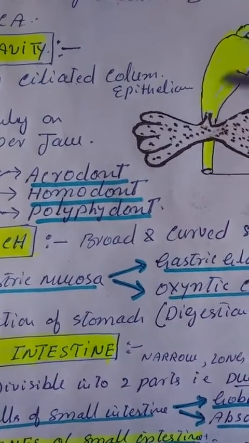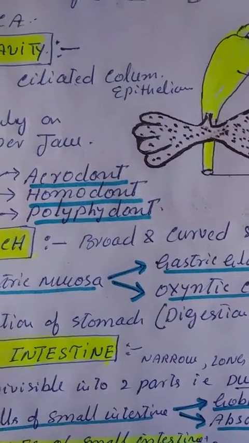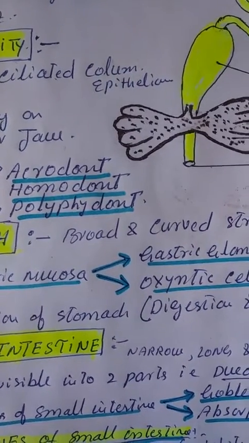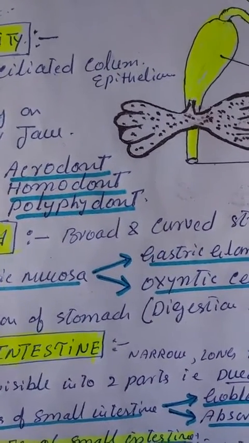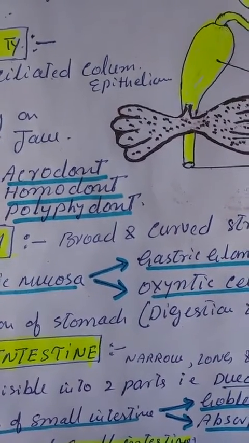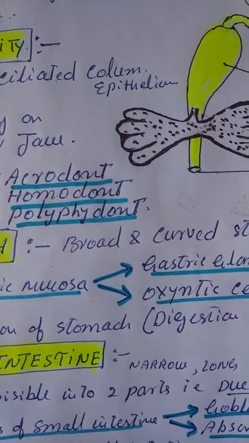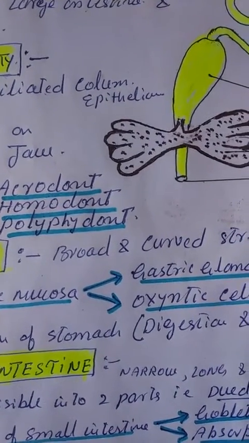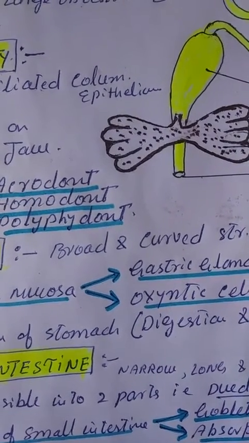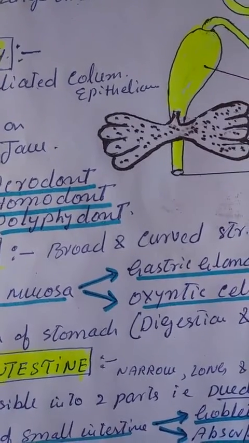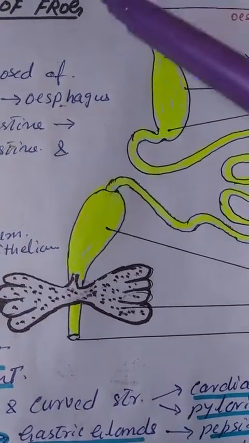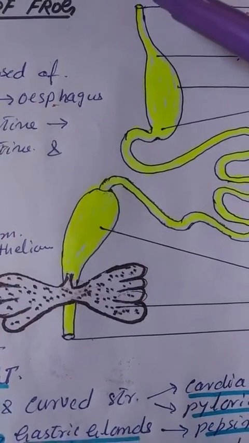The pharynx, along with the buccal cavity, also participates in respiration in addition to digestion, which is known as buccopharyngeal respiration. The pharynx opens into a short esophagus, which is a muscular organ, and this esophagus, as seen in the diagram, ultimately opens into the stomach.